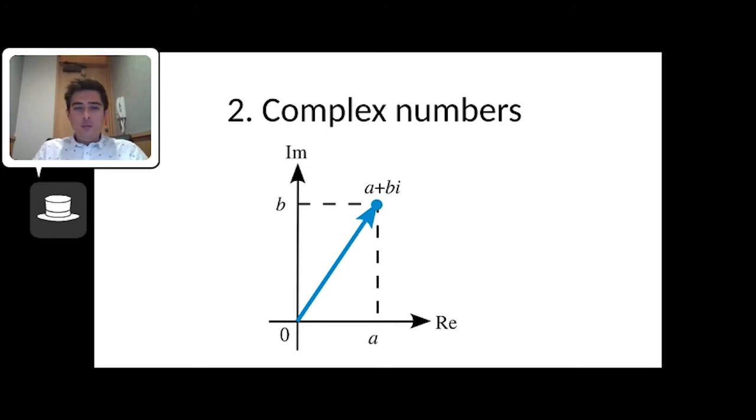But I think you can never really properly appreciate it unless you see it in the mathematical form, which is what the theory is actually all about. So what I'll be talking about today is the first of two crash courses in the mathematics that we will need. And the first thing that we need to understand is complex numbers.